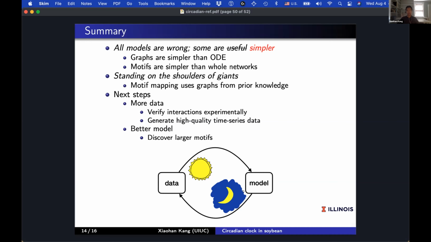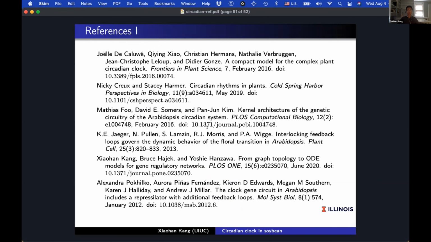So by having enough of these circadian cycles, I hope that one day we are able to crack the circadian clock network. And that's my last slide with some references.